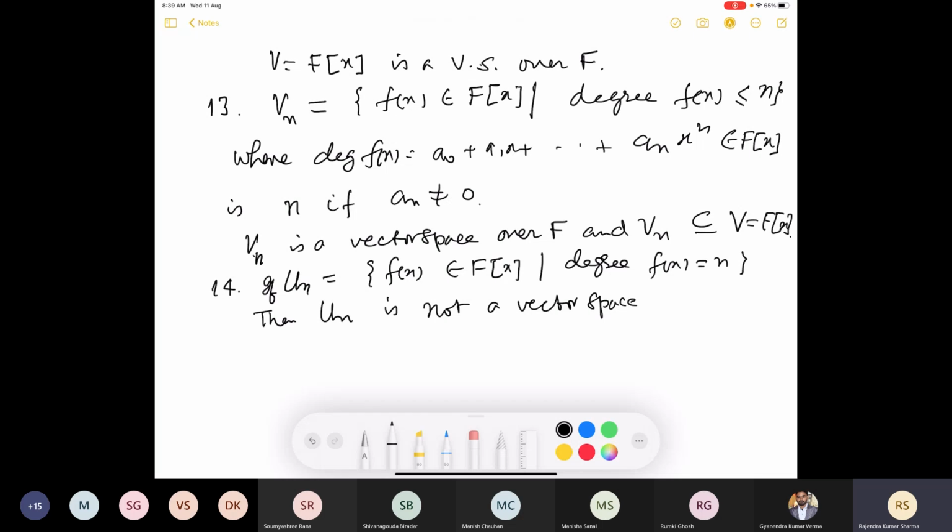Degree 1 means you have the form a0 plus a1x, and if it is just a0, then this is called degree 0. That means they are the scalars.